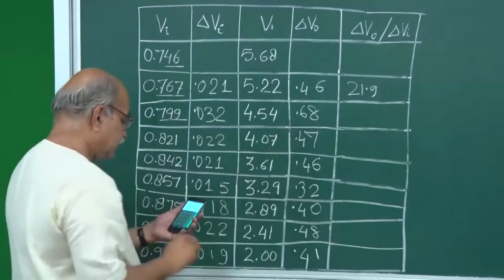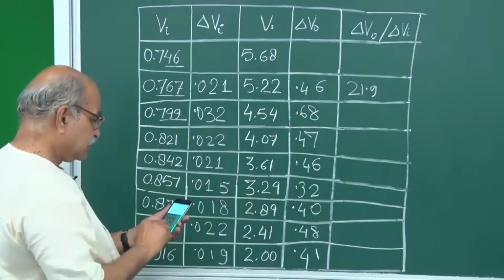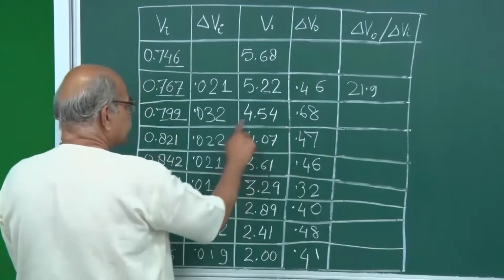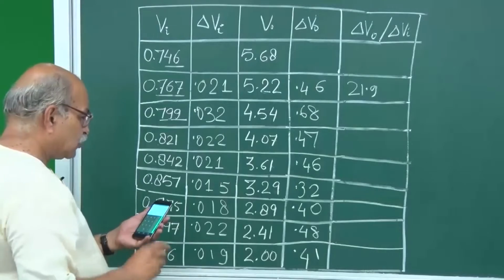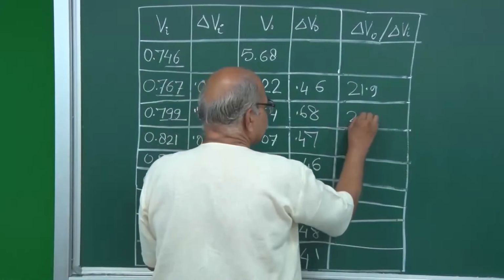Then 0.68 divided by 0.032, and that turns out to be 21.2.